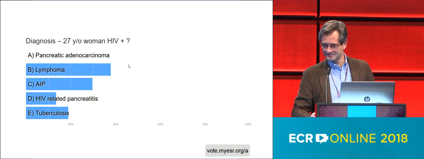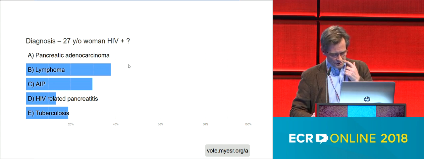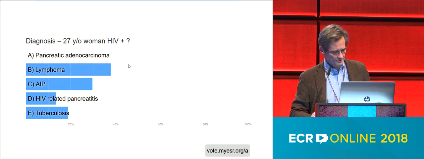Okay, lymphoma, AIP. Well, for lymphoma, generally, the lesions do not affect the pancreatic duct, which was the case in this specific patient with the easily identified stricture.